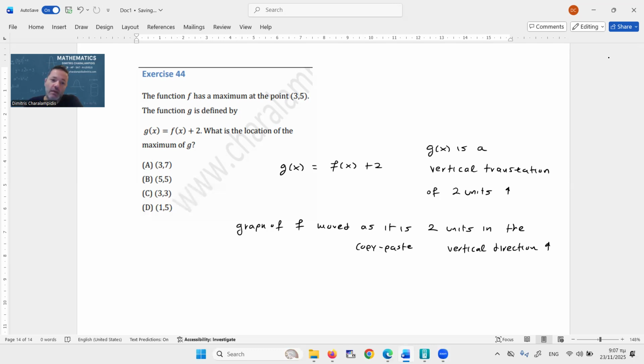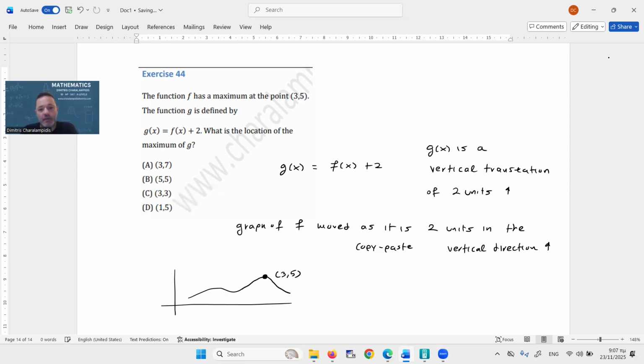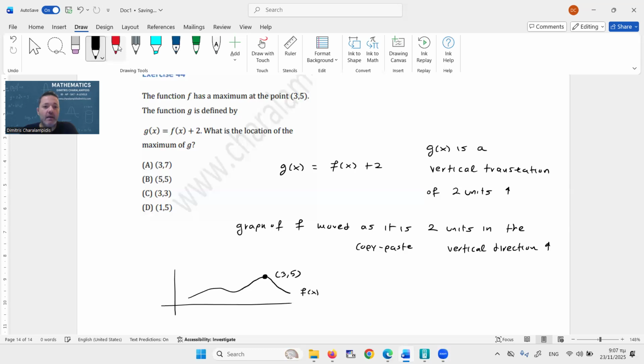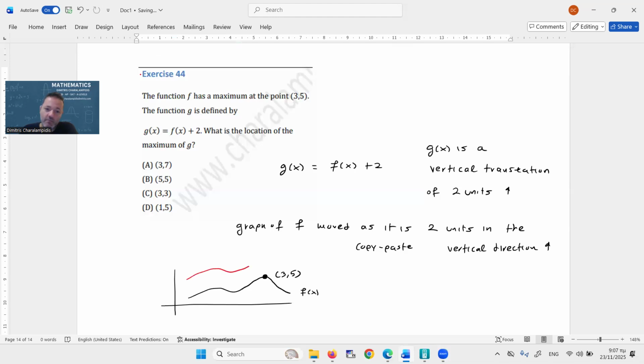So let's say that was the graph of f and the maximum was here at (3, 5). Then the graph of g would have been the same but moved upwards by 2. So the new max would clearly be (3, 7). And that makes A the right answer for this question.